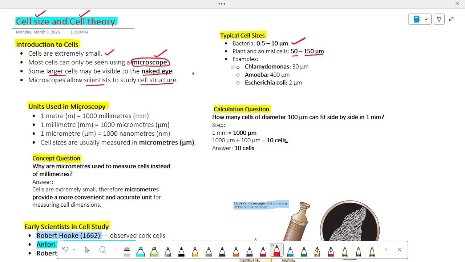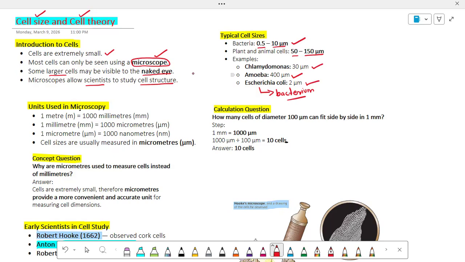The size of Chlamydomonas is 30 micrometers, whereas amoeba, whose cell size is much larger, is about 400 micrometers, while the last is Escherichia coli, a bacterium. As I already told you, the cell size of bacteria varies from 0.5 to 10 micrometers. So E. coli has a 2 micrometer cell. So these are some examples of different organisms having different cell sizes.